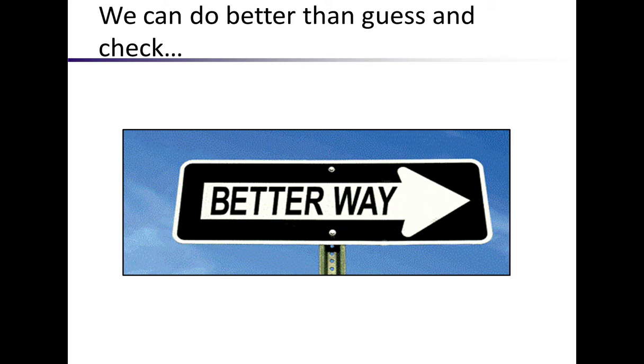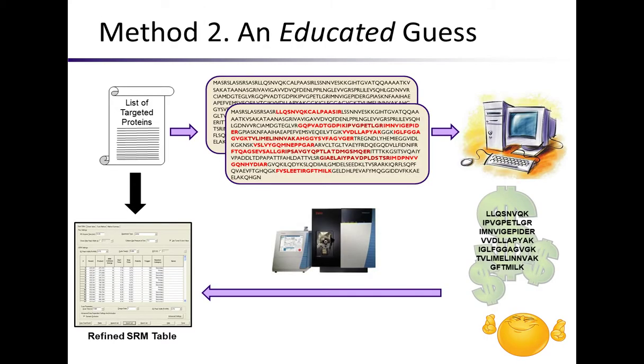We can predict what we're going to see. We're going to use an educated guess now to get from our list of proteins to our SRM table. So we'll do the same thing. We'll take our protein, we'll digest it in silico, predict what peptides are going to come out, but we're just going to do that on the computer, right?